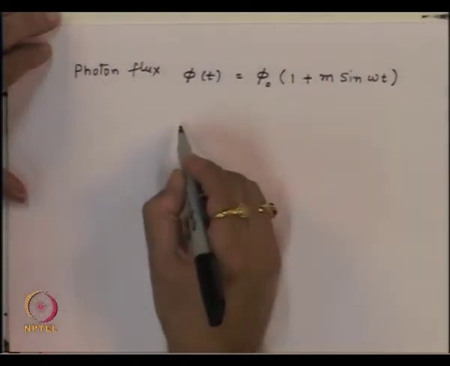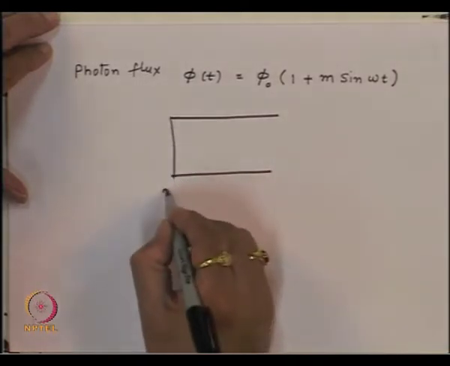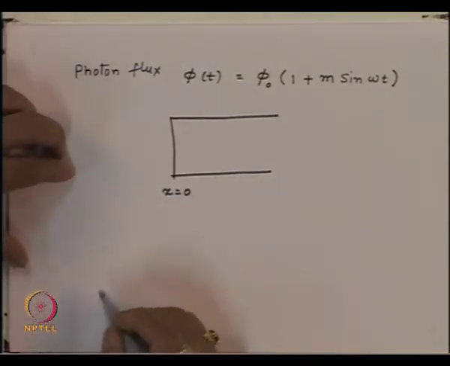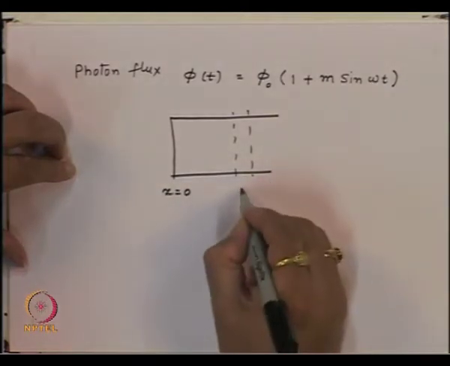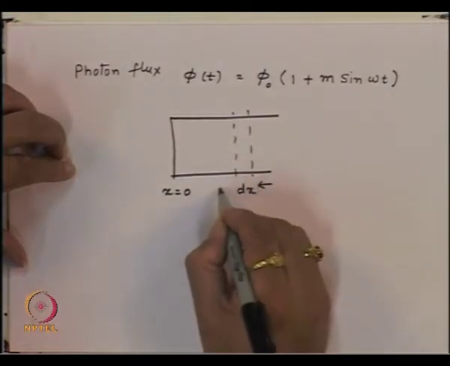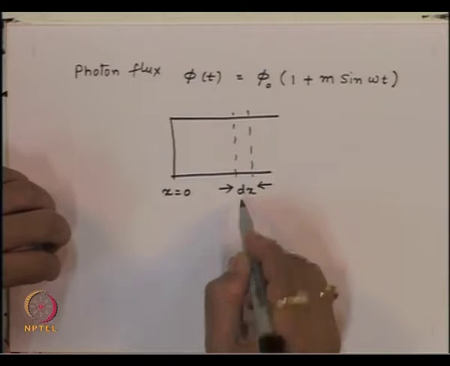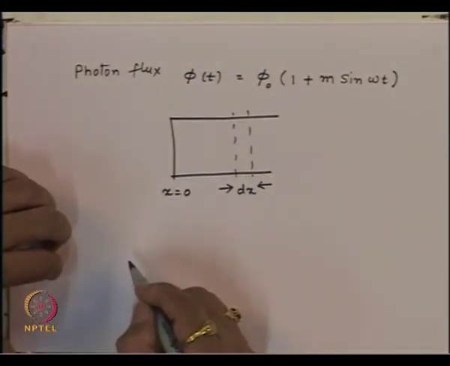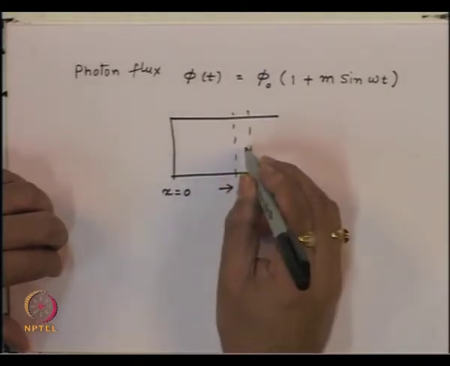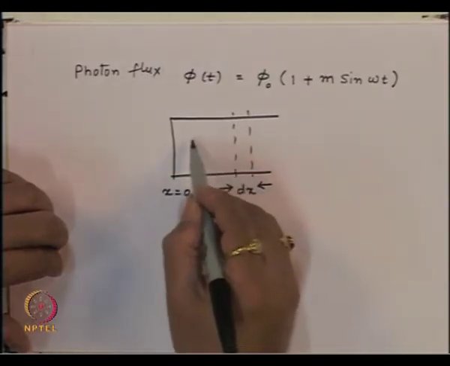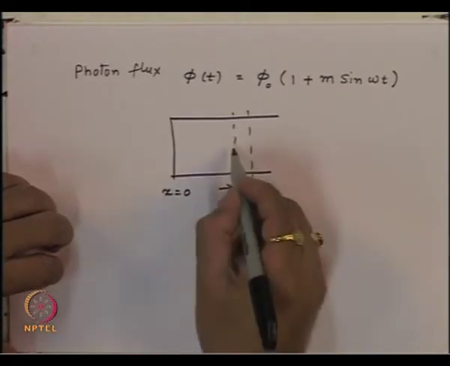So what we are saying is, if we consider a region, let us say this is x equal to 0, and I consider some small time delta t corresponding to some distance delta x. The carrier which will be passing through this layer dx will be the carrier generated at that instant of time in this layer, plus all those carriers which were generated in these layers, if the carriers are moving this way, left to right, with appropriate time delay.